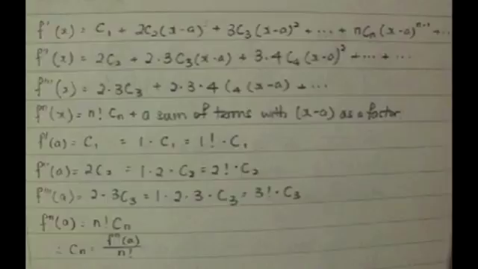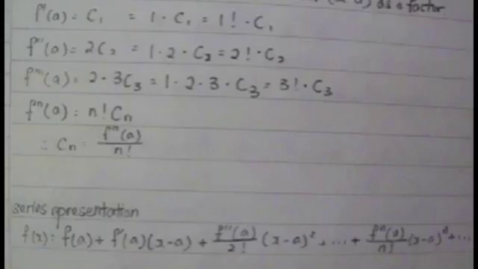So from here we can get a general equation for the nth derivative of f, which is equal to n factorial times Cn plus a sum of terms with x minus a as a factor.